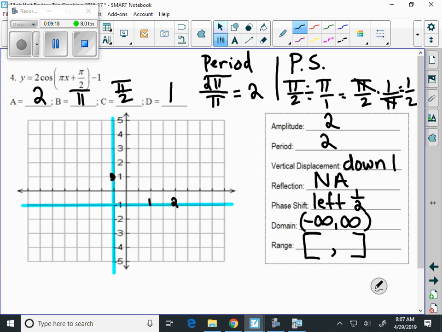And then 1, 2, 3, 4, we're going to finish here. We went 2 spaces above, so we're going to go 2 spaces below. And then our middle values are here. Did we reflect? We didn't reflect, so I think I'm good here. So there's 1 period.